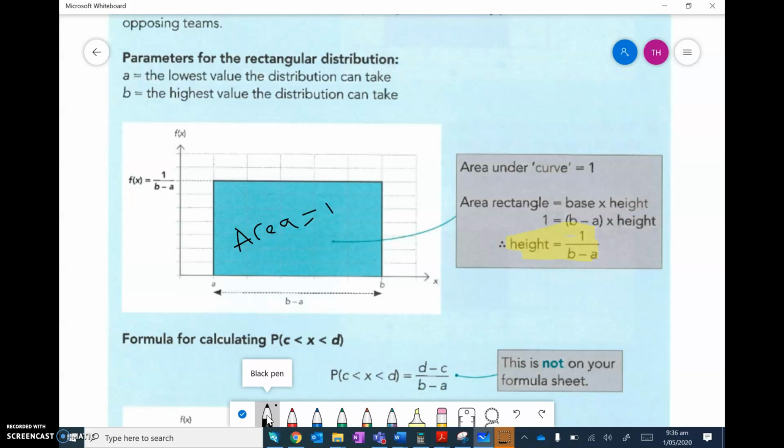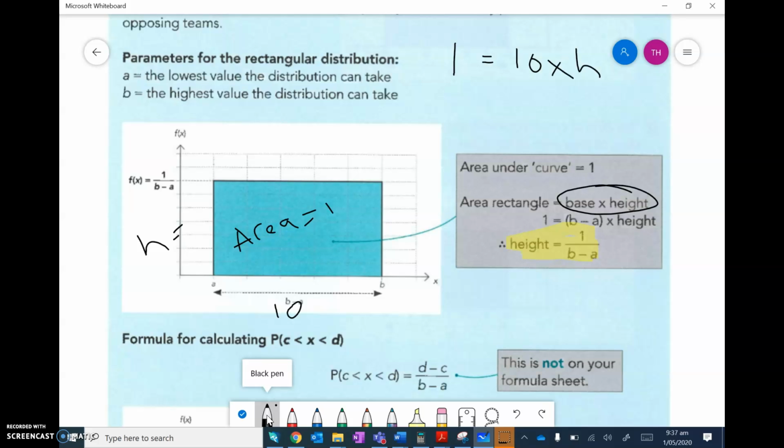Now let's just say, for example, the base of this rectangle was 10. If the base of this rectangle is 10, I need to work out the height. So I know area is equal to base times height. So my area is 1, and that's equal to 10 times my height.